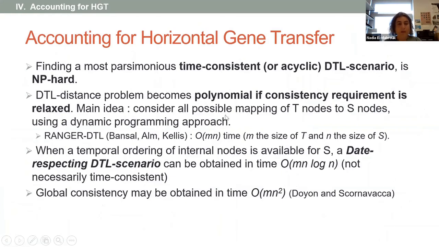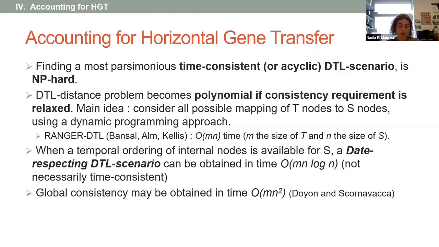The problem of finding a most parsimonious time consistent or acyclic DTL scenario is NP-hard. However, the problems become polynomial if the acyclicity requirement is dropped. In that case, the main idea for computing an optimal DTL reconciliation is to consider all possible mappings of the nodes of the gene tree to the nodes of the species tree using a dynamic programming approach.